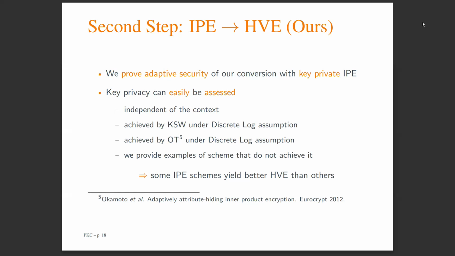We also show that some inner product encryption constructions cannot achieve it. So for these schemes, we have to use the Katz-Sahai-Waters transform, which is less efficient. So in other words, there are some inner product encryption schemes that are better suited to build hidden vector encryption than other ones.